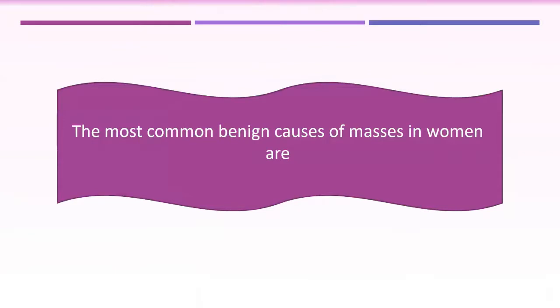What are the most common benign causes of breast masses, female breast masses? Fibroadenomas. And fibrocystic disease. Which one is more common? Fibrocystic is more common than fibroadenoma.